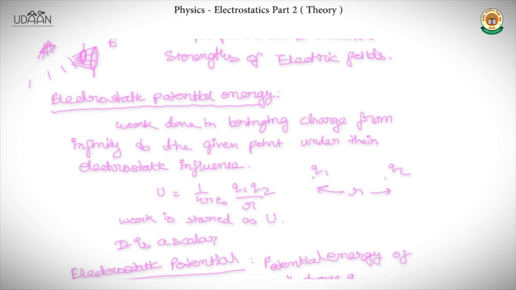Electrostatic potential energy is the work done in bringing a charge from infinity to the given point under their electrostatic influence. There is a charge Q1 and a charge Q2. Let us assume Q1 to be fixed. Q2 is brought from infinity to distance r. The work done in doing so is stored as the potential energy of this system, and it is equal to 1 by 4 pi epsilon naught Q1 Q2 by r.